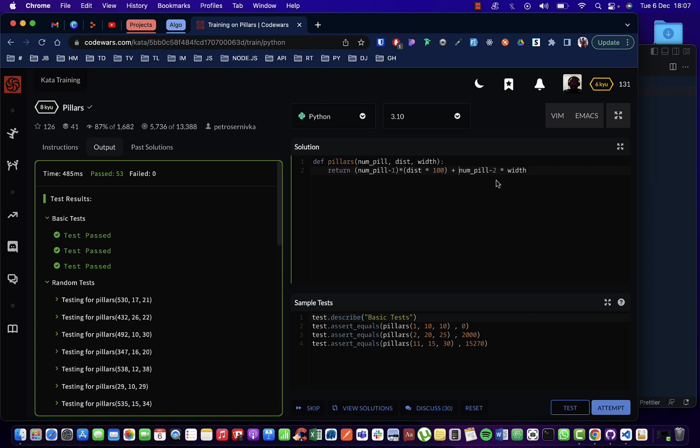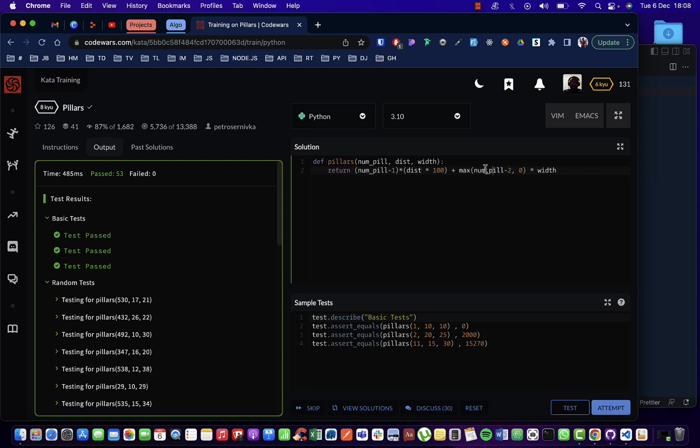So that's where we now use max, but in Python we just simply type max. It's not attached to the math module, so we are just going to do it that way, and max of this, and we say 0. So what this has now done is, if it's one pillar, then this will be minus 1, max will take 0, so 0 times width is 0, which is what we want.